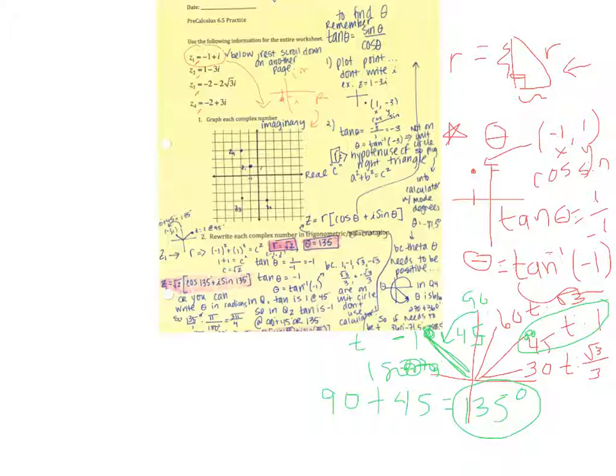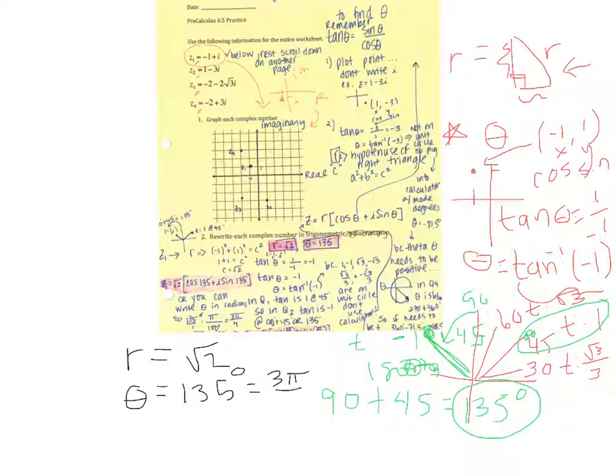We're going to add 45 to 90, and that's how we end up with 135. So now that we have r and theta, that's all we need to go to trig form. R, using Pythagorean theorem, was square root of 2, and theta was 135 degrees, which is also equal to 3 pi over 4.